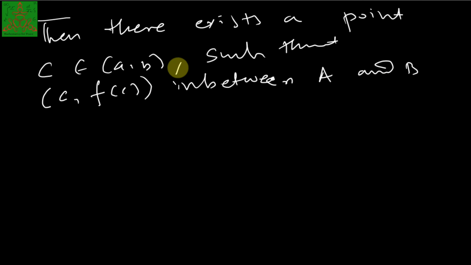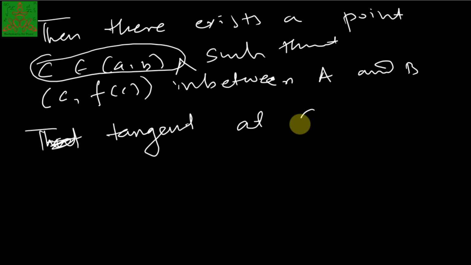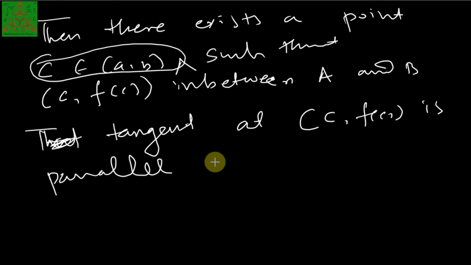That is also one can write instead of this. So there exists a point c comma f of c in between capital A and capital B such that the tangent at c comma f of c is parallel to the x axis. So that is Rolle's theorem, its proof and its geometrical interpretation.